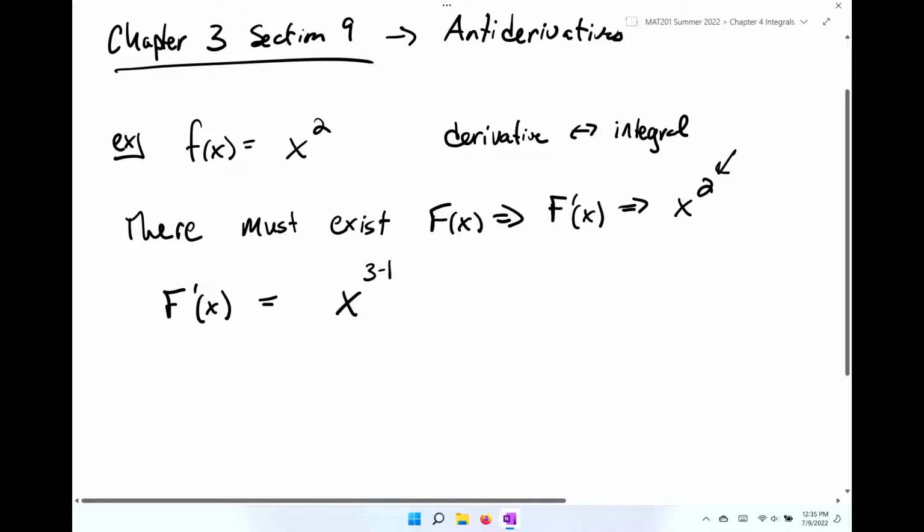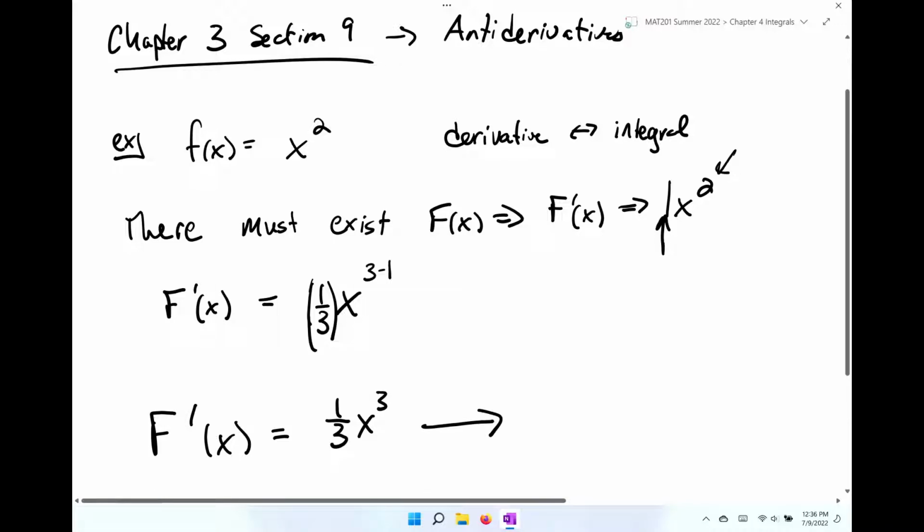Likewise, right now there is a coefficient of 1, but when we take the derivative, we pull the power out in front. So this coefficient originally should have been 1/3. Let me get rid of this 3 out front. So the original function must have been 1/3 x to the third, and when you take this derivative, notice you get x to the second power.